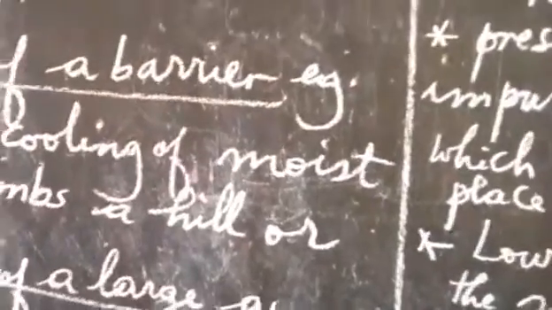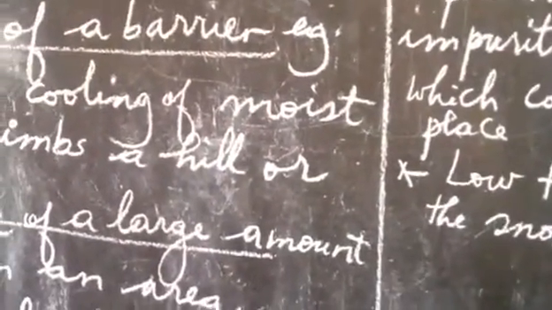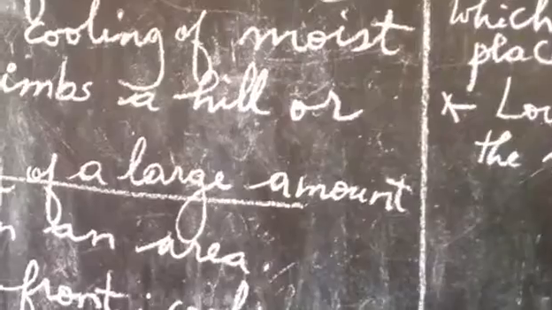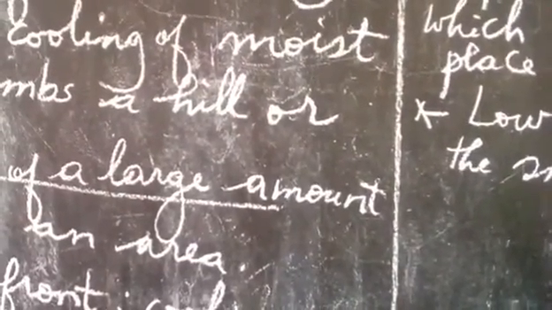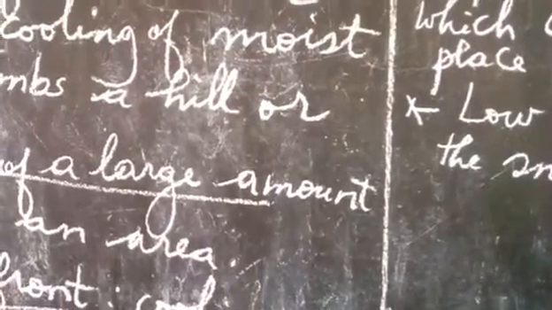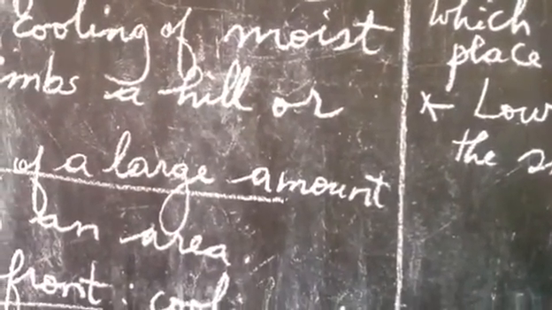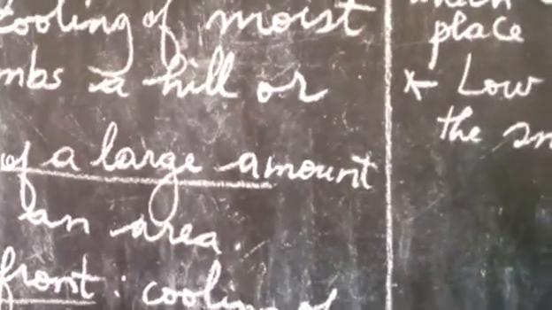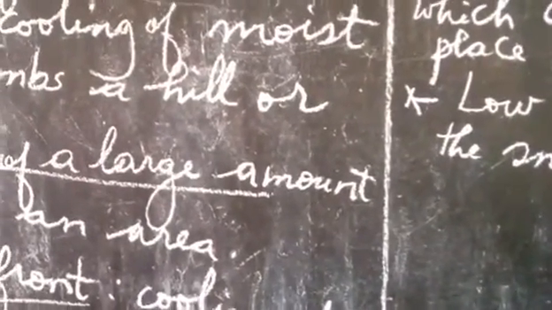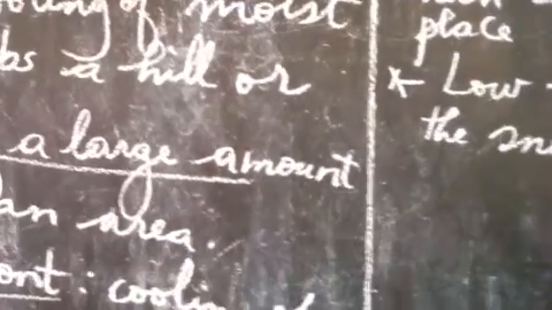Number 1, influence of barrier. When you are talking about barrier, understand mountains. So as a result of the occurrence of a mountain, when moist air ascends the mountain, it can cool, and when it cools, it will condense. Hence, the occurrence of condensation.